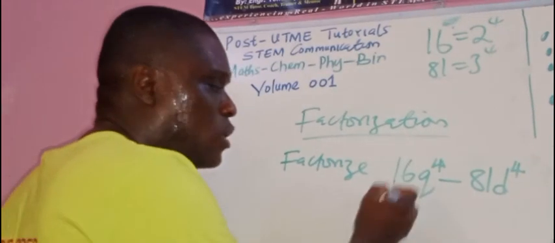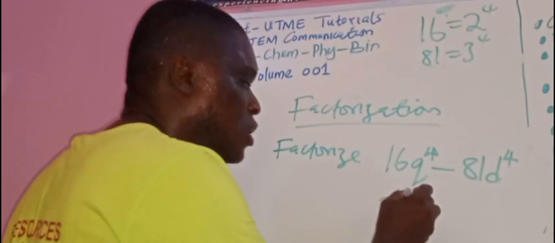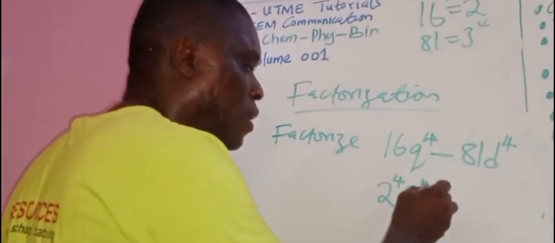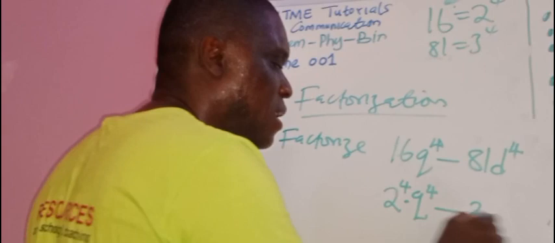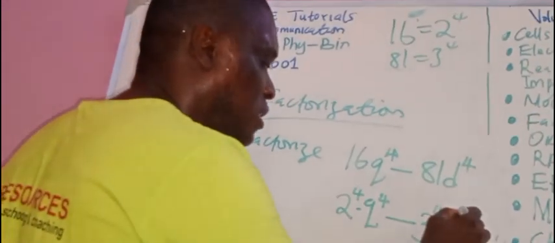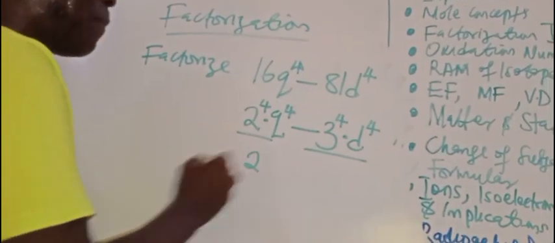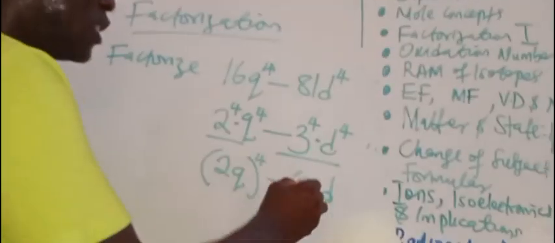So first of all, 16 is 2 raised to the power 4 times q raised to the power 4, minus 81, which is 3 raised to the power 4 times d raised to the power 4. Now both terms have an exponent of 4. That means I can pick 2q raised to the power of 4, minus 3d raised to the power of 4.